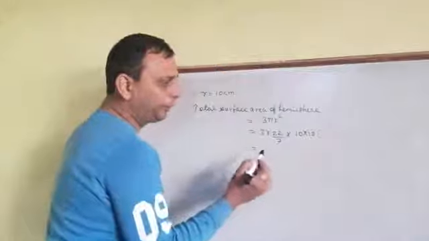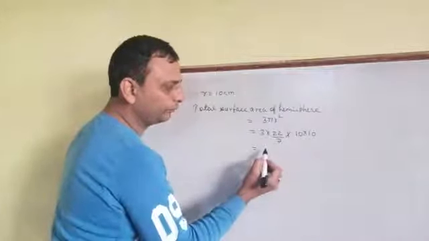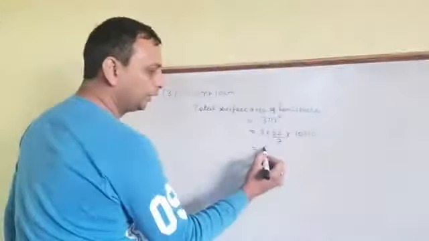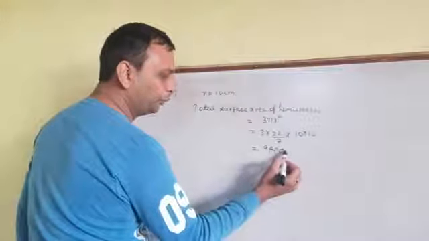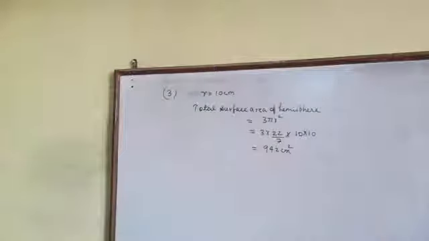So it will be equal to how much? Now 3 pi r square is the formula, because we have to find the total surface area of the hemisphere. On solving you will get 942 centimeter square as the answer for the third question.